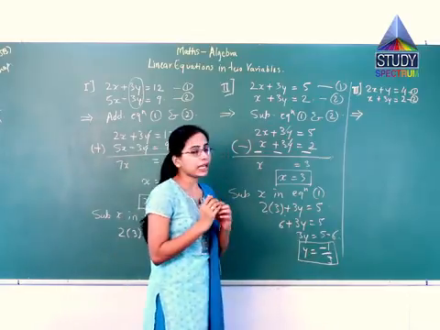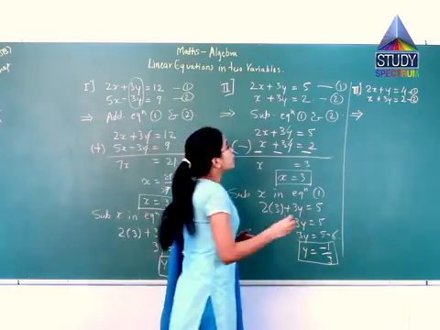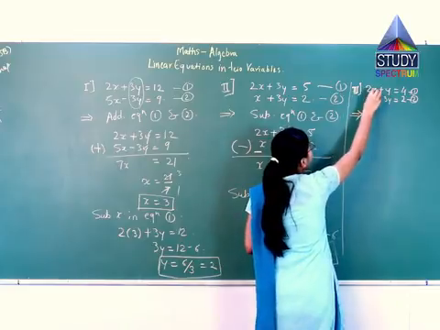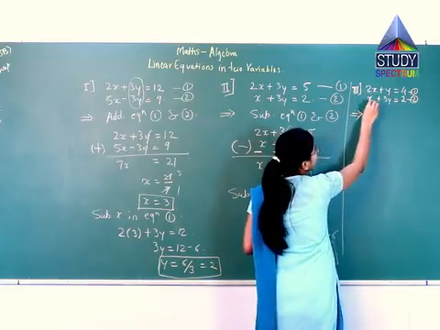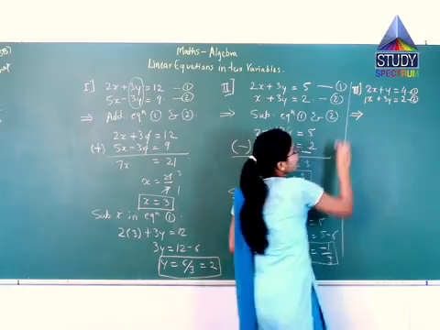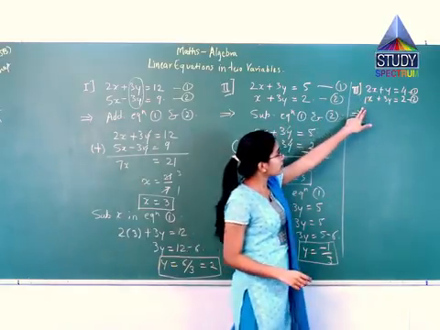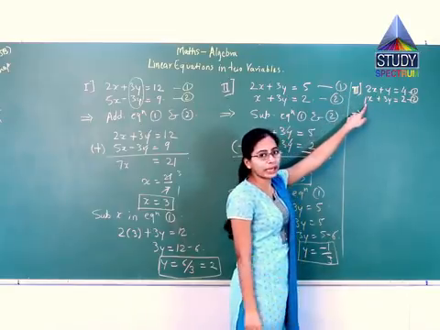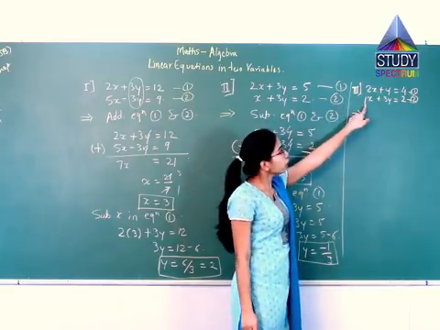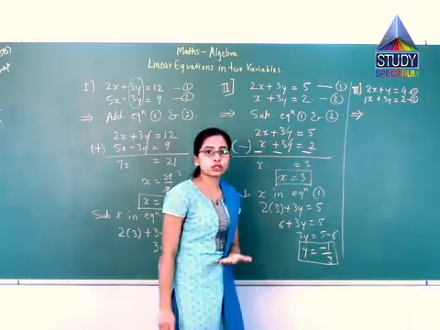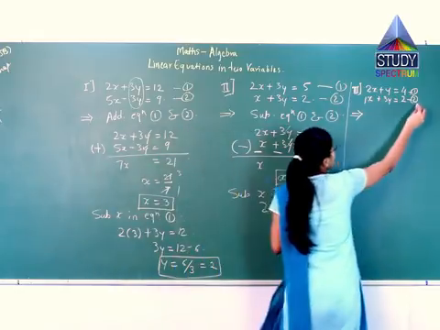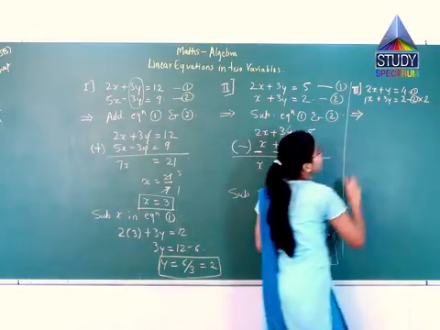Suppose we want to cancel x. In equation 1, x has coefficient 2, in equation 2, x has coefficient 1. So in order to cancel x, we must make the coefficient 2 in equation 2 also. So we will just multiply equation number 2 by 2.